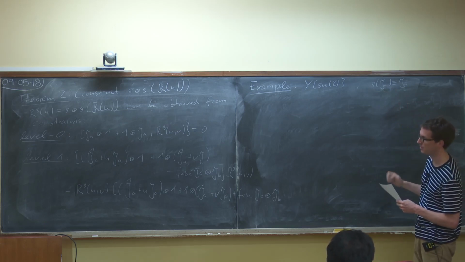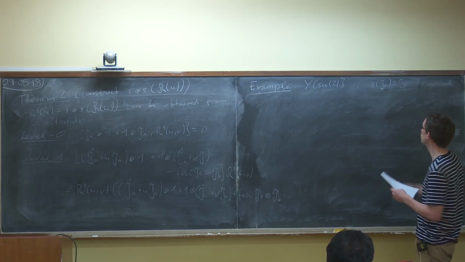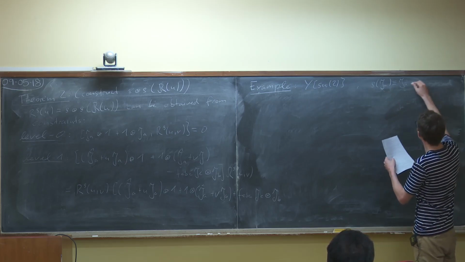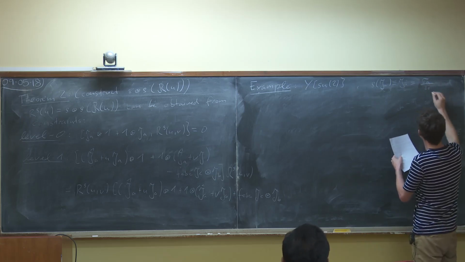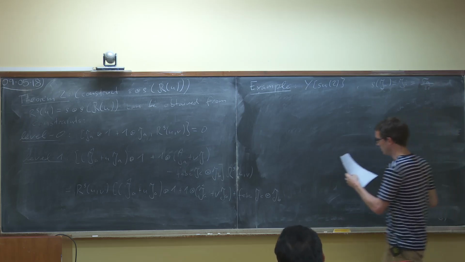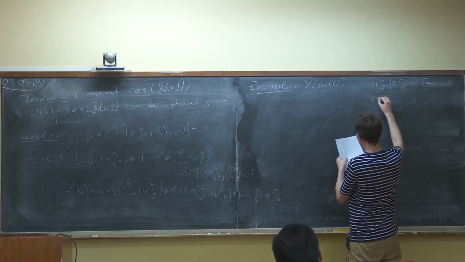I might mention it at a few places later. It's sometimes useful, but here it's not so useful. It just takes more time. So this is just the Pauli matrix, let me divide it by 2i just for convenience.